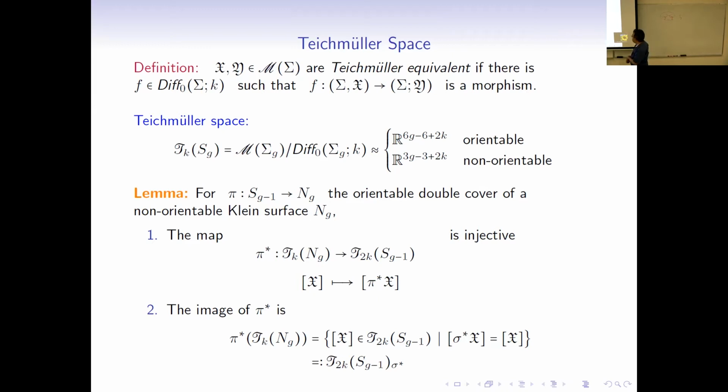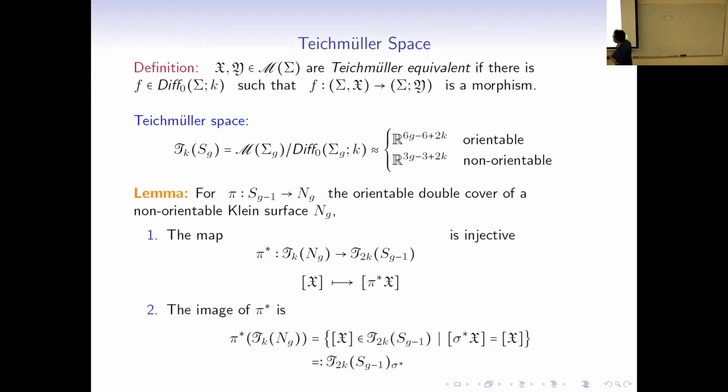Moreover, you have the double cover of the Klein surface of genus g. Then you have a corresponding map between the Teichmüller spaces, which is also injective, right?